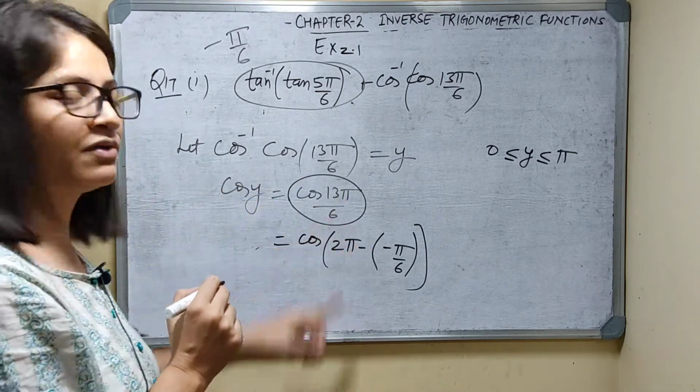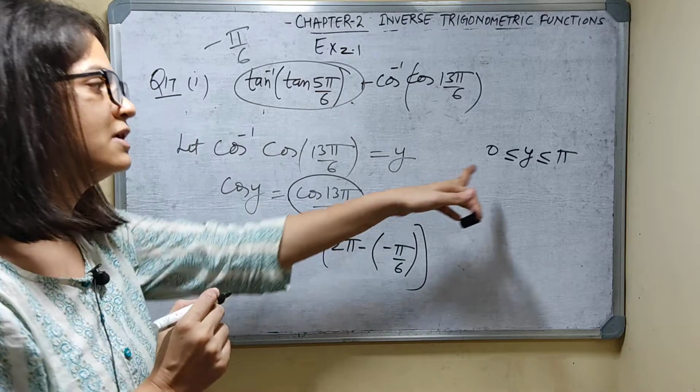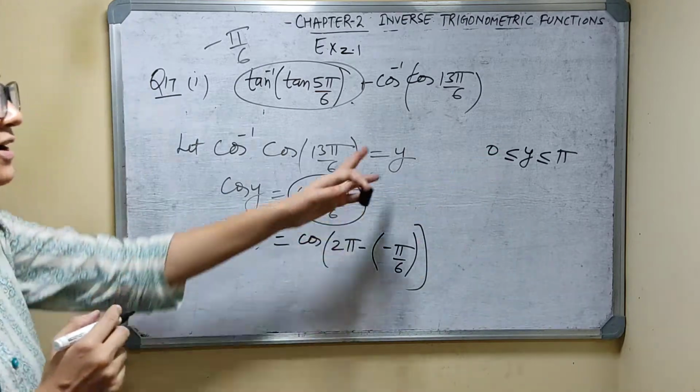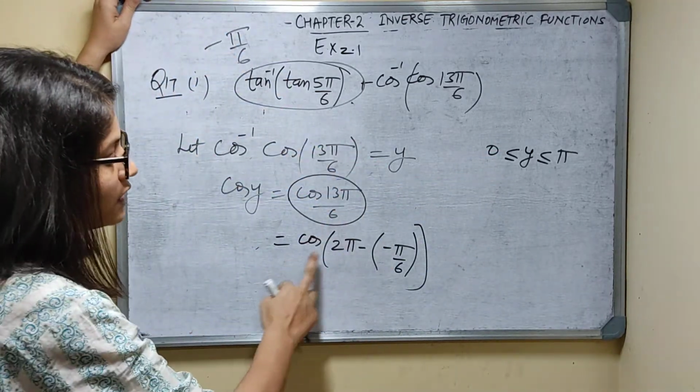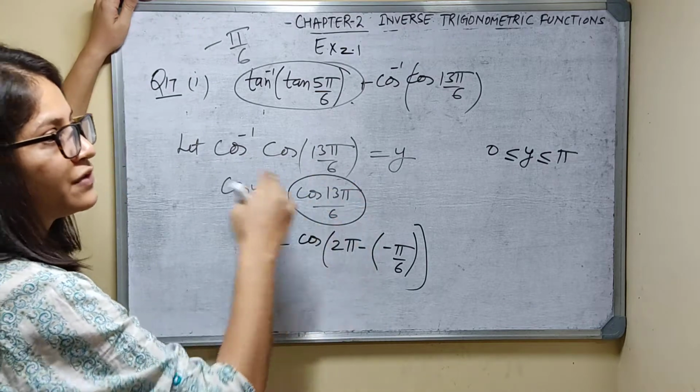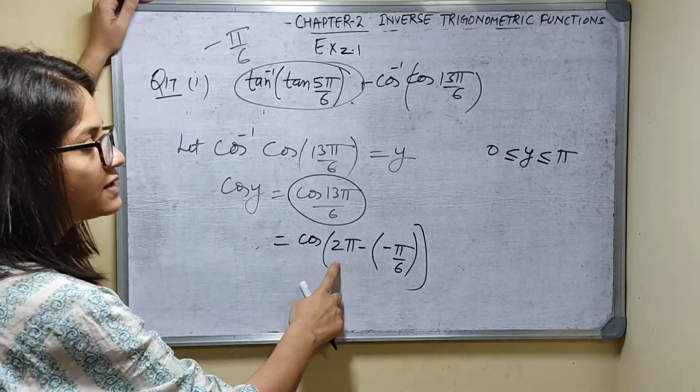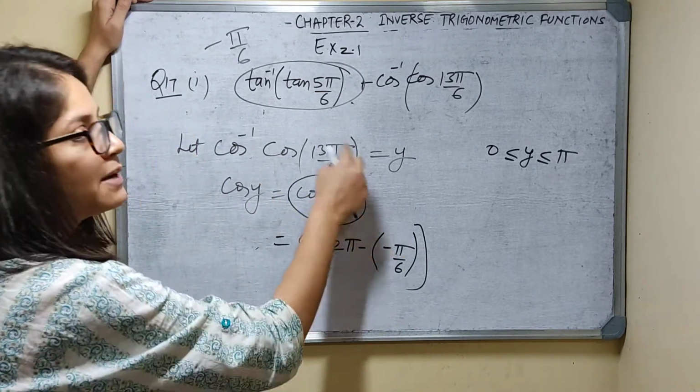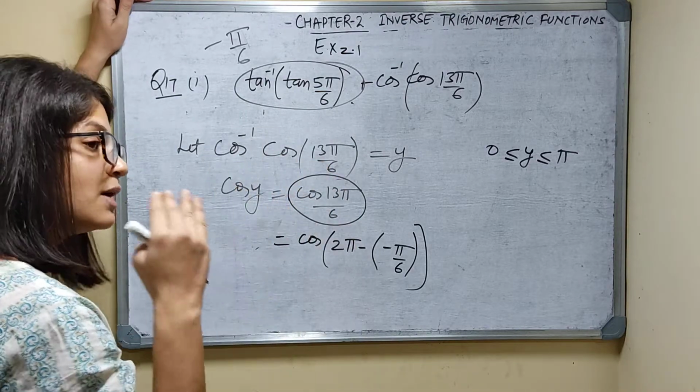I can't write y is equal to 13 pi by 6 because it comes more than 180 degree. It should lie between 0 to pi only. So I am writing cos 360 minus theta, and 13 pi by 6 I have to set so it comes in the fourth quadrant.